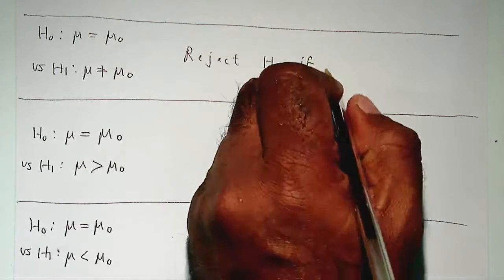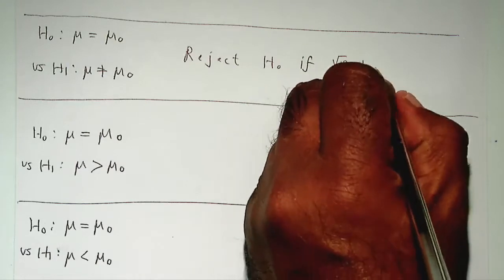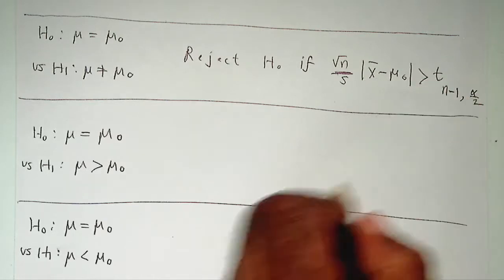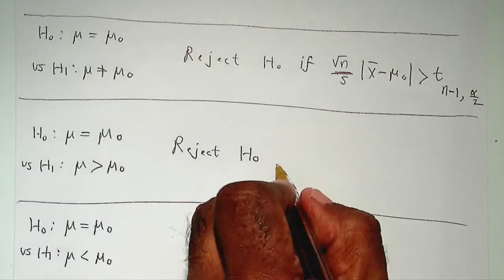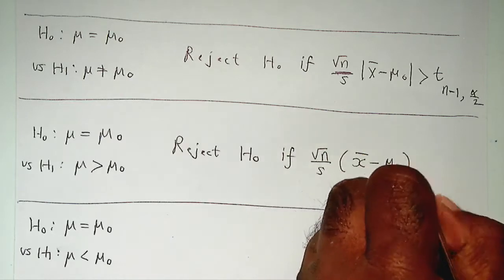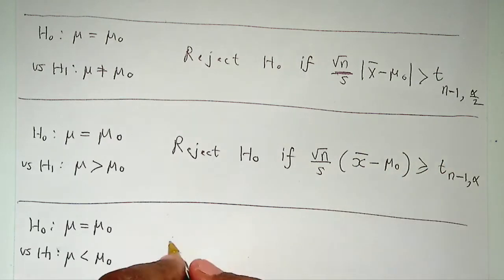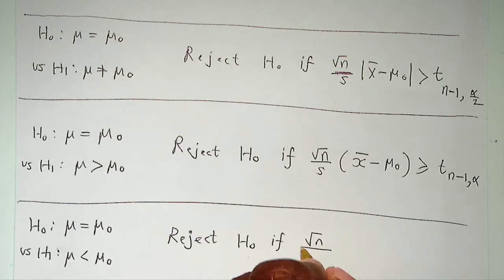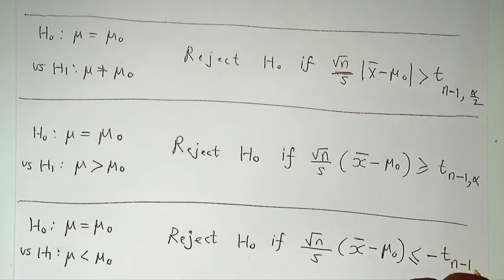H0 if root n times the sample mean difference over s exceeds the critical value. I will explain in a minute what these symbols are.